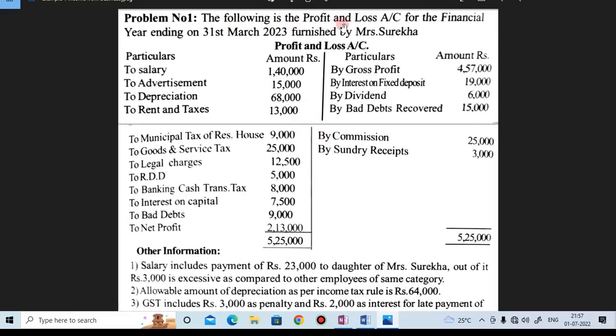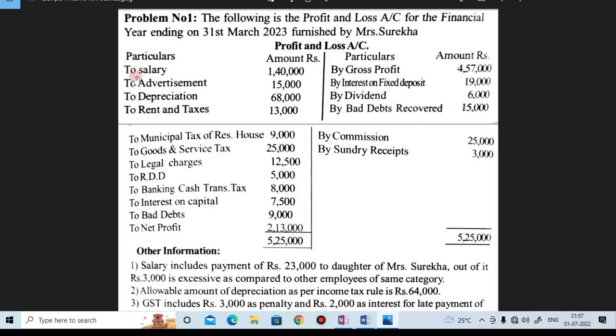Problem number 1 is the following. This is the profit and loss account for the financial year ending on 31st March 2023, furnished by Mrs. Sureka. So this is the debit side and this is the credit side.